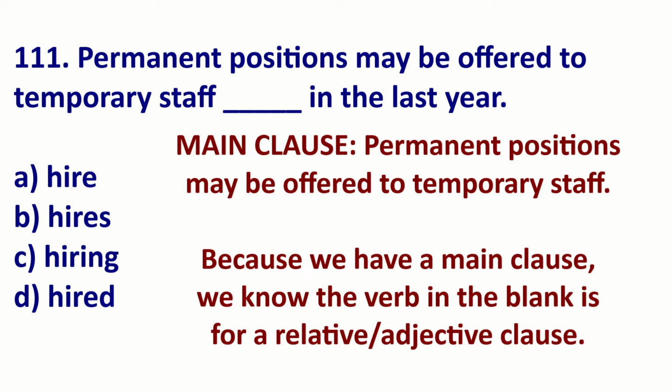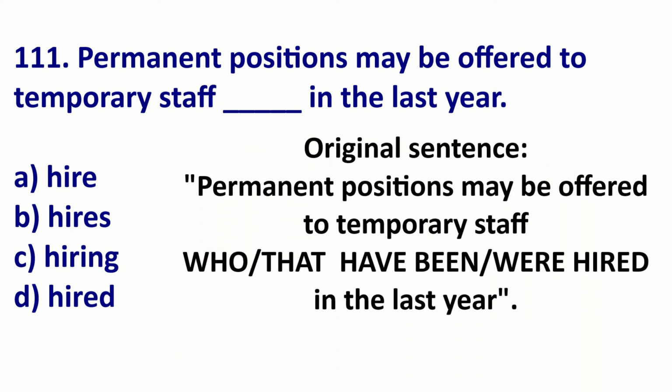So the phrase after is describing the staff. Let's imagine the original sentence: permanent positions may be offered to temporary staff that were hired in the last year. That were hired in the last year, or that have been hired in the last year, this is an adjective clause. It is passive.